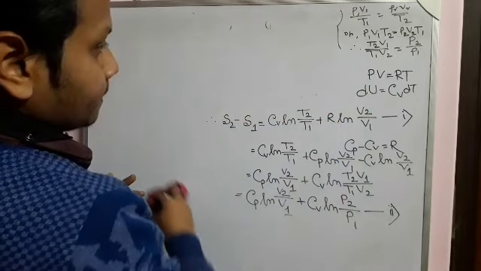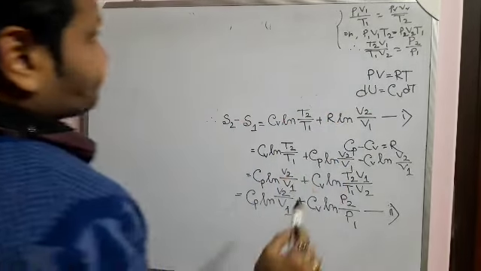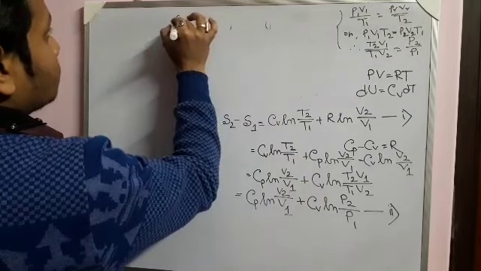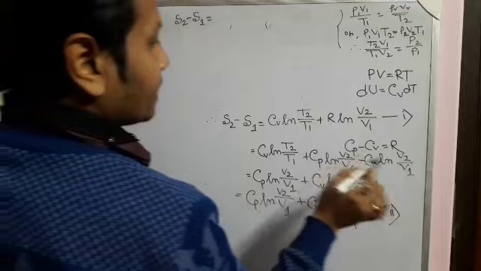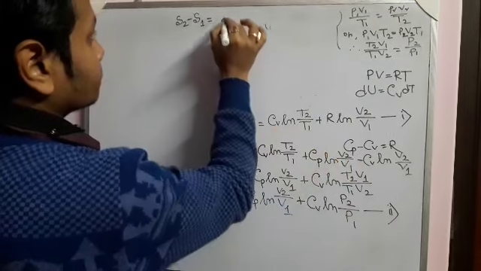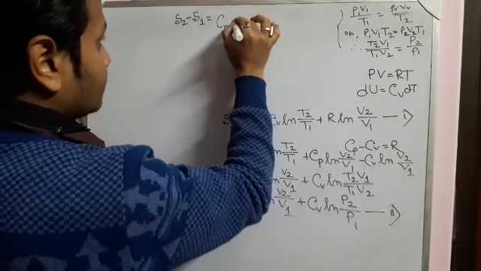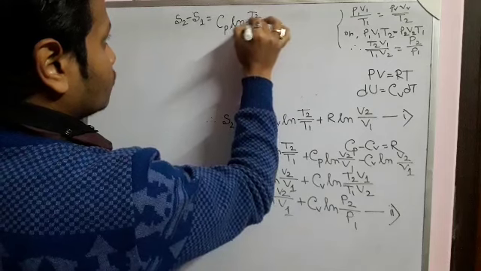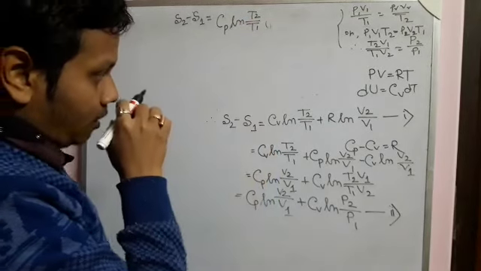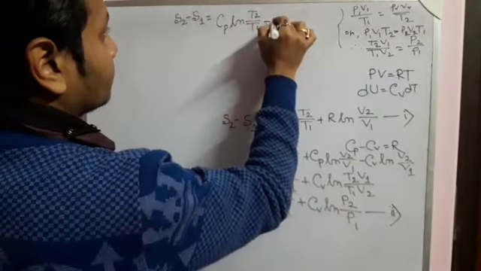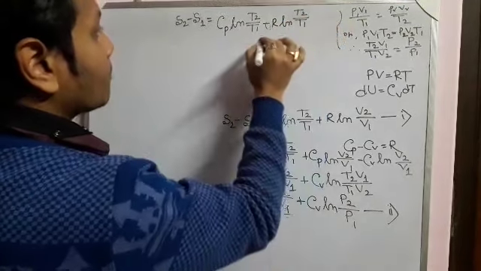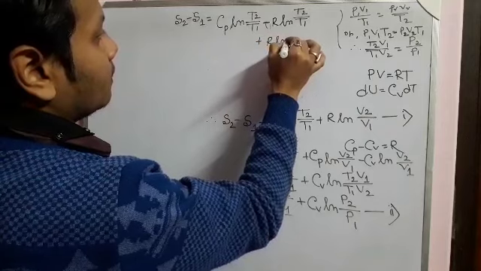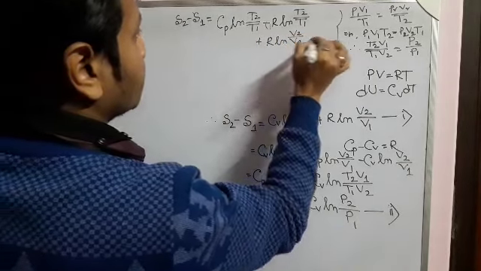Okay, so if you substitute Cp minus R instead of Cv, so what we get? Cp ln T2 upon T1 minus R ln T2 by T1 plus R ln V2 by V1.